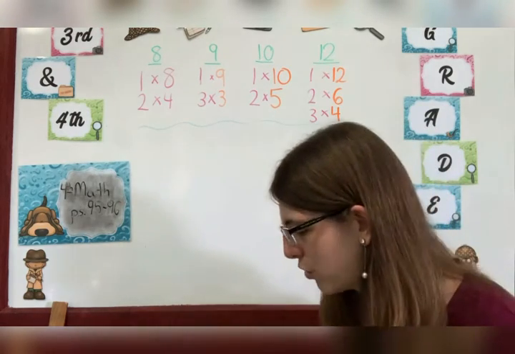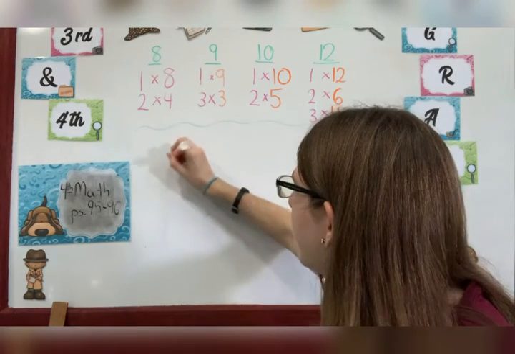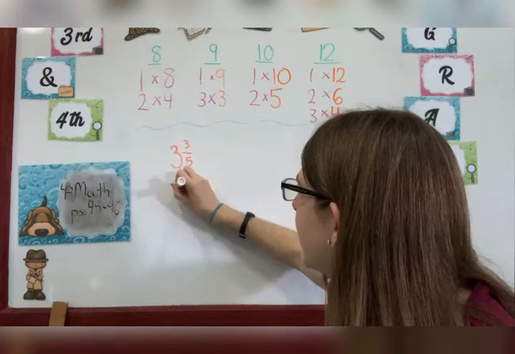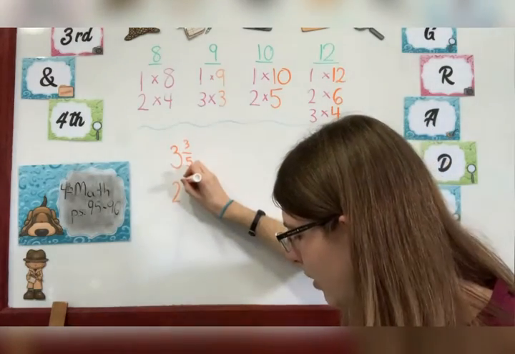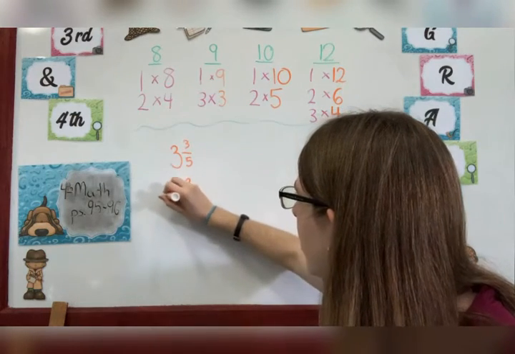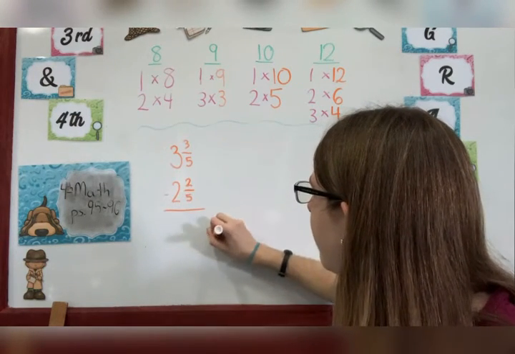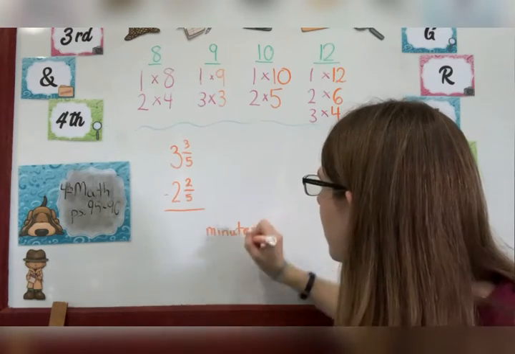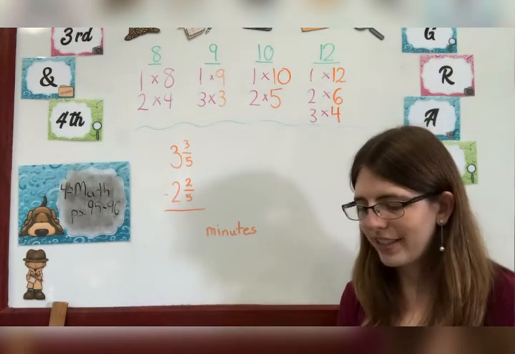So I need to subtract, put the bigger number on top, which would be 3 3/5, and the smaller number on the bottom, 2 2/5. Subtract to find out how many minutes longer it was.